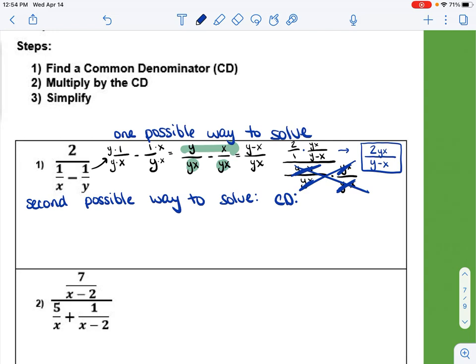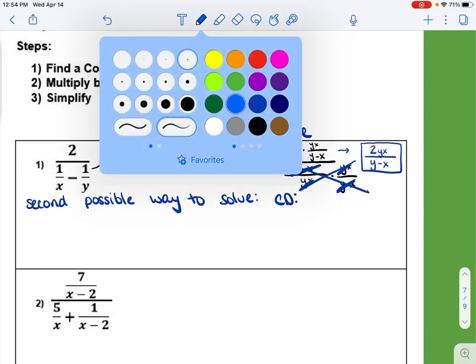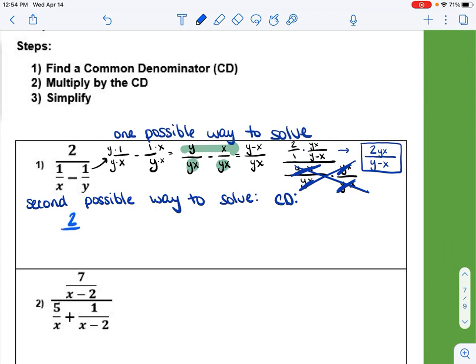So we still have to figure out what the common denominator is between all of the current denominators. So that includes 2 over 1, 1 over x, and 1 over y. So we need to look at the denominators of all three of these. So basically, you can usually just take the denominators multiplied by each other, unless one of them is repeated. So we can have 1 times x times y. The 1 doesn't really change anything, so our common denominator is xy, or yx, maybe would be a better way to put it, since that is what we used previously.